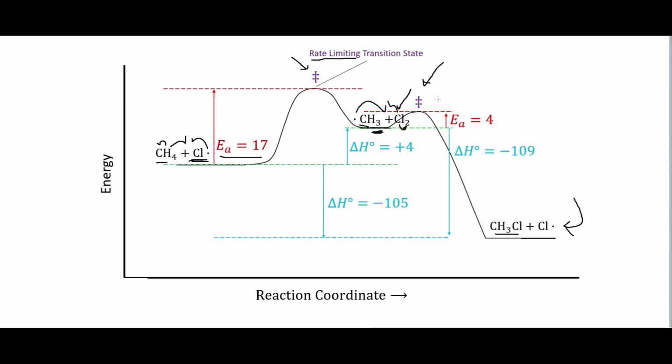Then we have another activation energy, which is just 4, in kilojoules per mole. We go up there, and then we come back down. This is +4, which gives us from here down to the products -109. But because we had this +4 here, we end up with -105 as our net delta H. And that is the delta H that we've been using this entire time. That is the reaction coordinate for that.